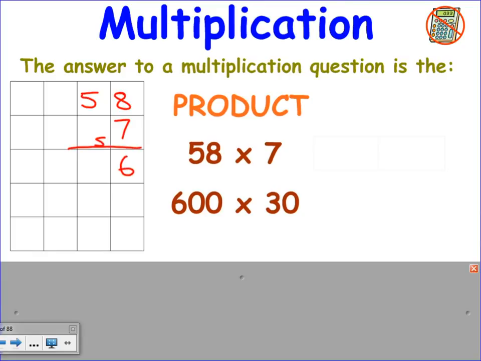Put the 6 down, carry the 5. And 7 5s are 35, but I've got another 5, so it's 40. So the column method, you go along and you multiply each column by that digit. So 7 8s are 56, 7 5s are 35, plus the 5 I carried over is 40. So that's the column method.